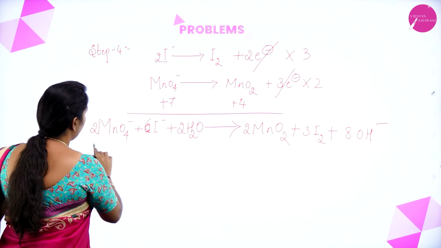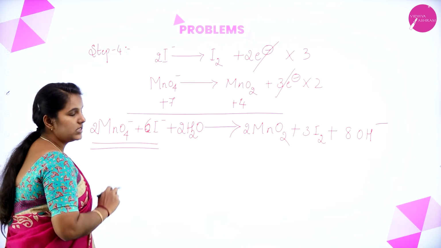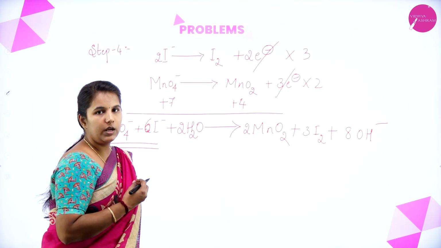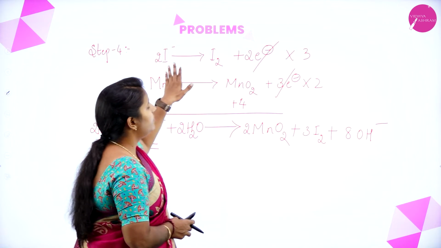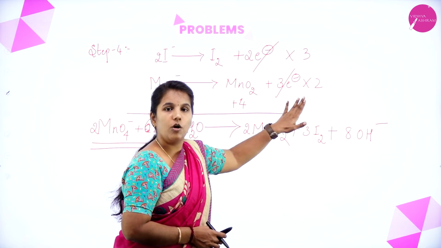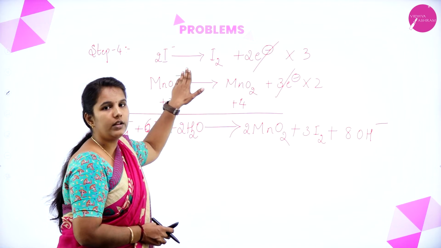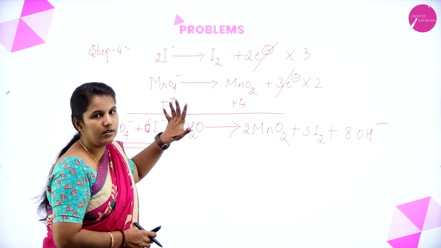This is how we need to balance the equation, by understanding how many electrons are lost or how many electrons will be gained during the oxidation and reduction reaction.